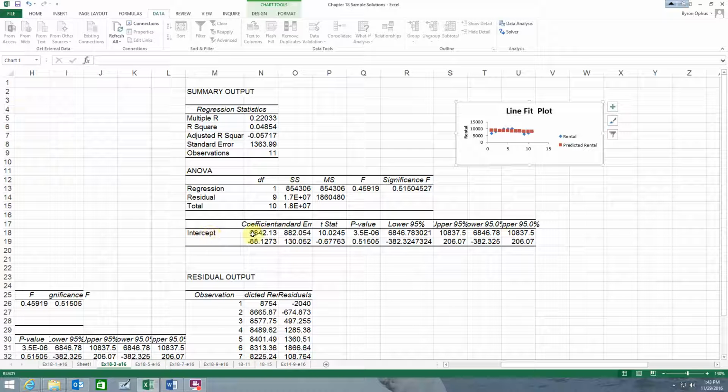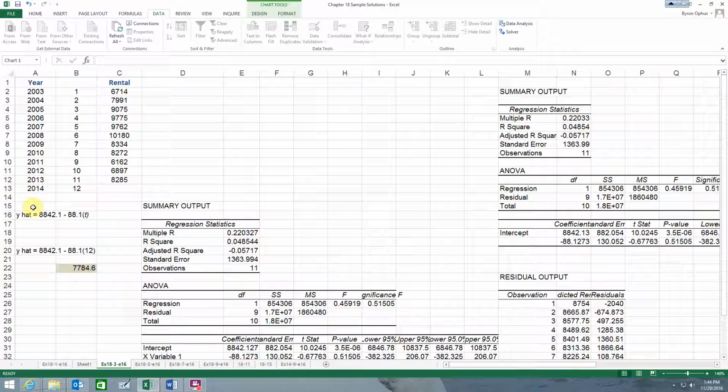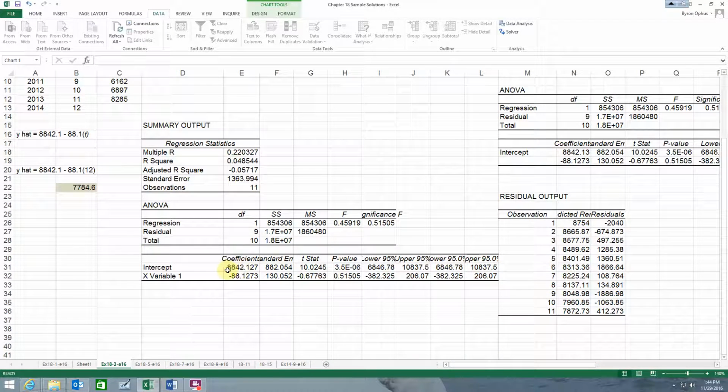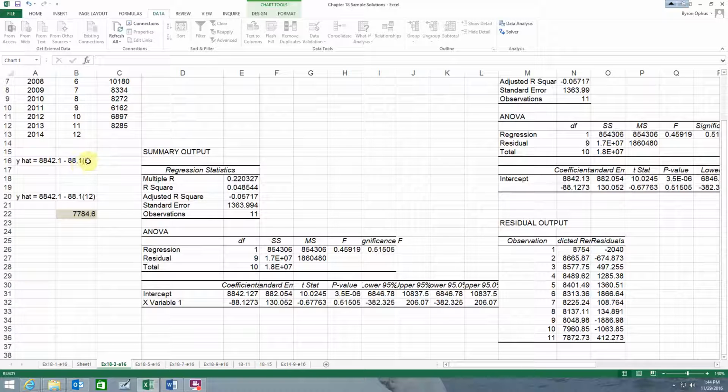It gives us our intercept. It tells us what our y hat equation is. So our y hat equation is equal to, and we can use these numbers, and I've got them down here too, 8,842.13 basically, minus, because this is a negative, 88.1 or 88.2 it could be, or 88.13, whatever you want to use, times t, or time, whatever you want to use.